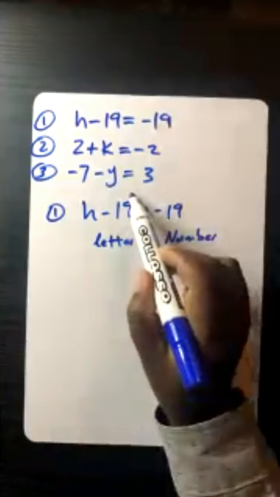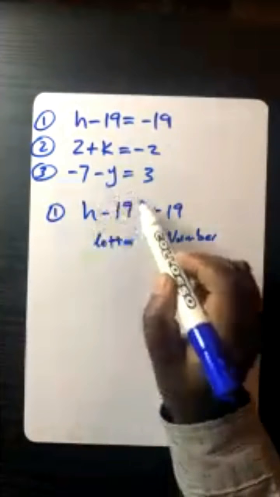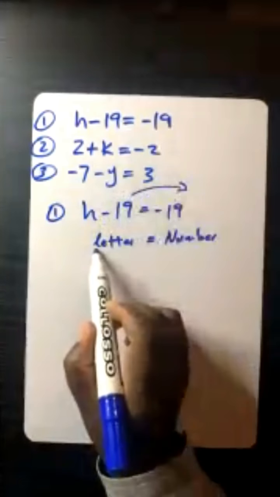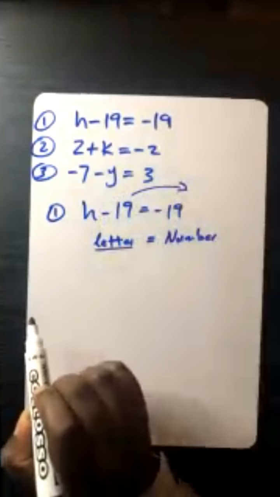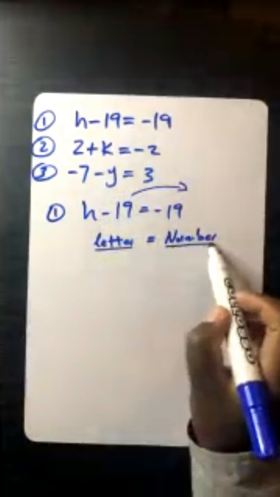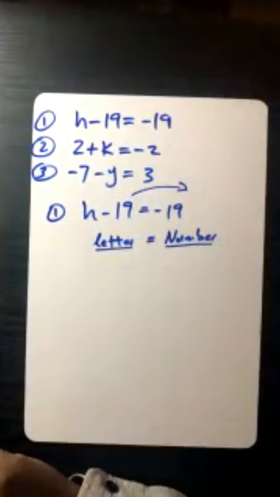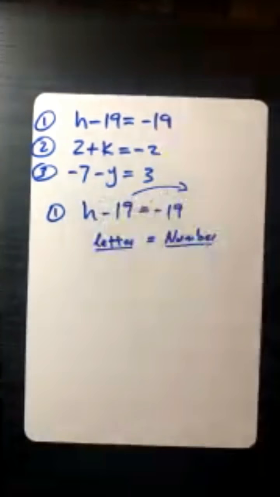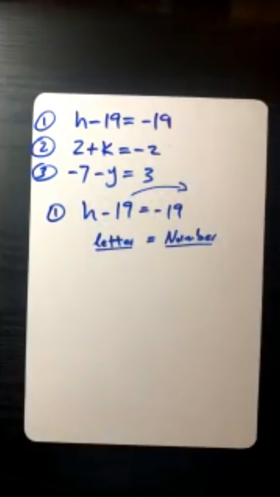So that means we need to take all the numbers on the left to the right. Why? Because we want to remain with the letters on the left and have the numbers on the right, isn't it? Yes, sir. So now, when we transpose, what happens to that number that you are transposing? So it will change from a negative to a positive number.